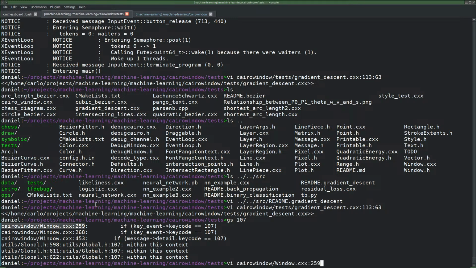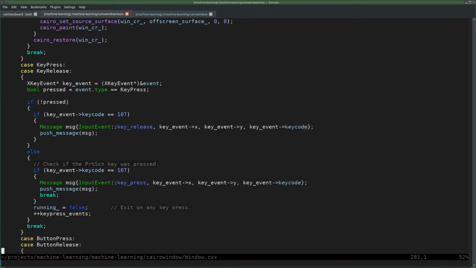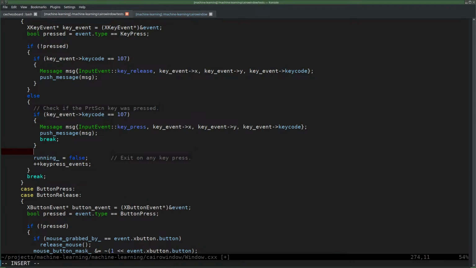It's 3 times even. What the hell? Don't need to push anything. Okay, so, oh god, I don't know what the space is.